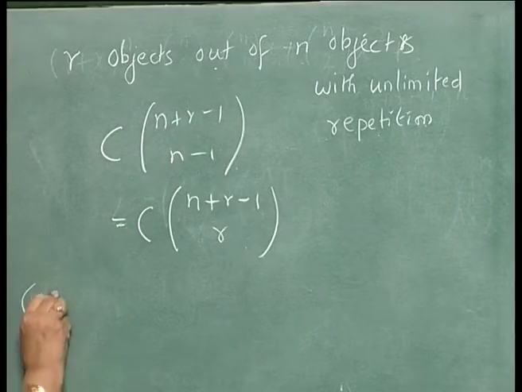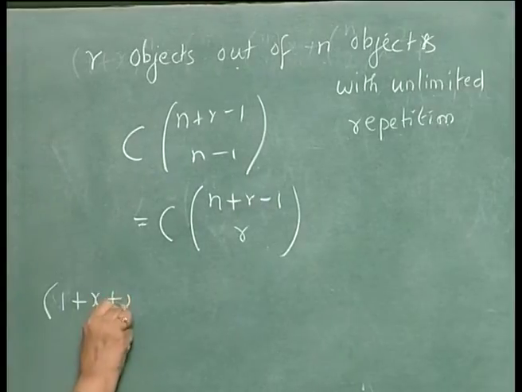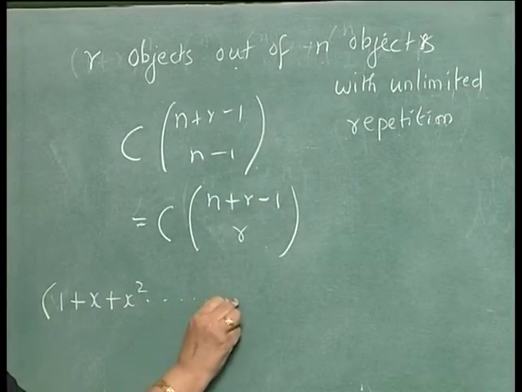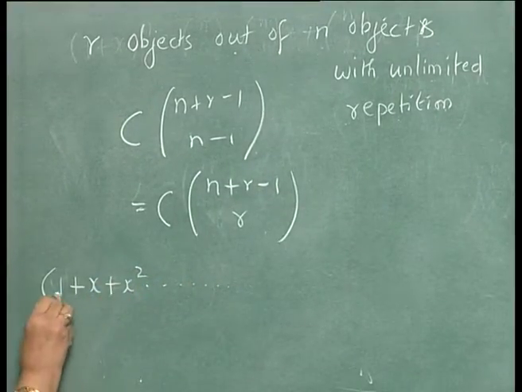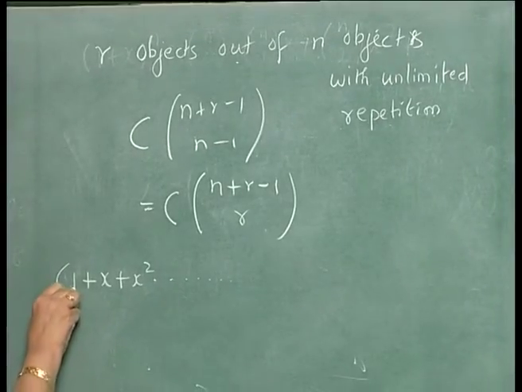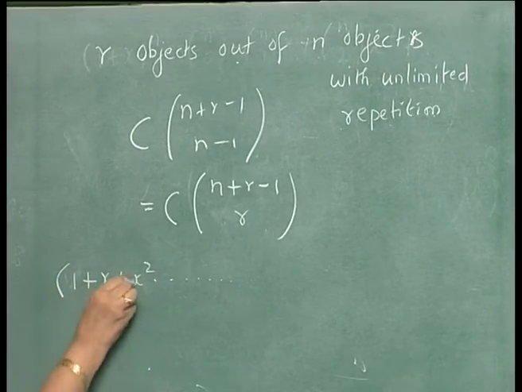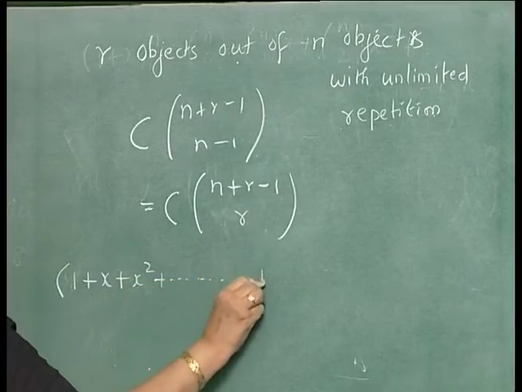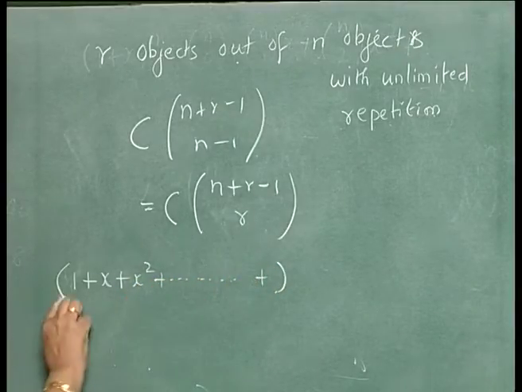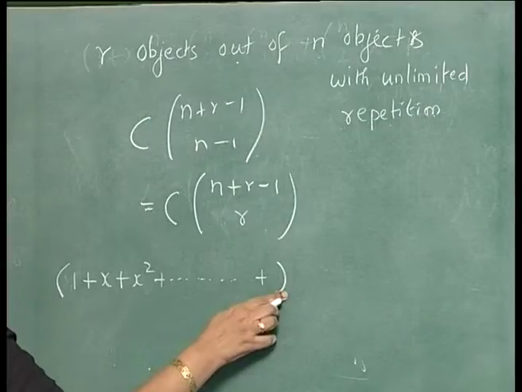You get 1 plus x plus x squared etc. For one object, it can be selected once, it need not be selected at all, or selected twice and so on. So, for one object the enumerator is this.